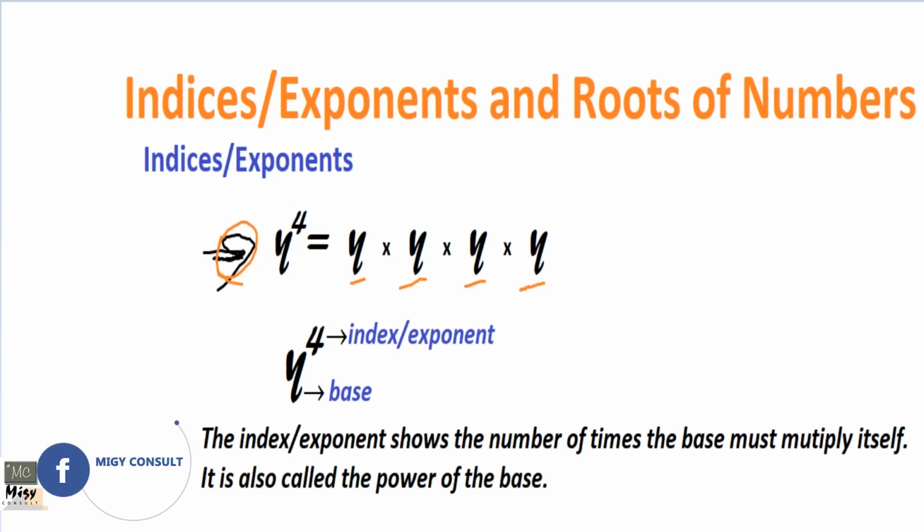Anytime you see anything in this form, the bigger number, that is y in this case, is our base, and our index or exponent is the 4. So our index or exponent is the 4, whereas y is the base. You need these two things.